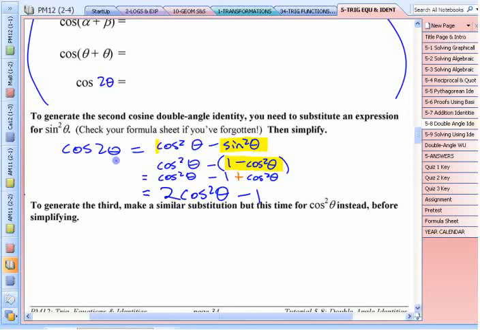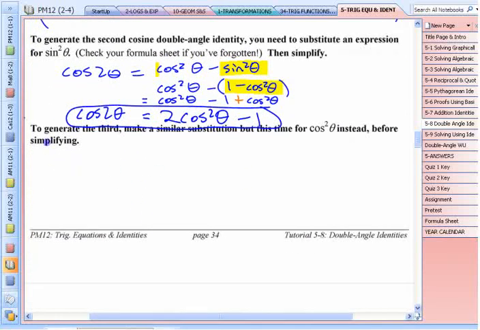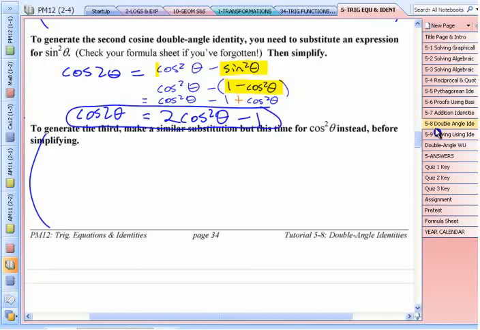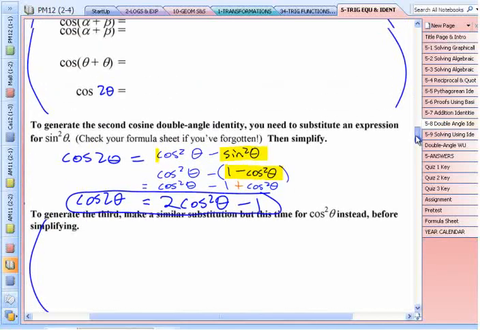These are equal. You have cos 2 theta can be this, or it can be this. You could do the same thing here and get the other one that's on that formula sheet. If you look back at the formula sheet, there's this one as well. That can be one that you do for yourself after. All right? So that's generating those identities.